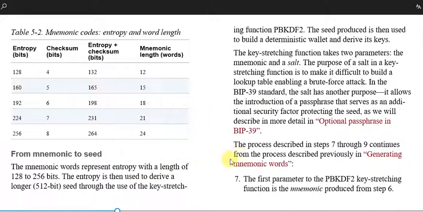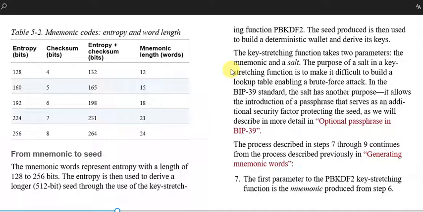The mnemonic words represent entropy with a length of 128 to 256 bits. The entropy is then used to derive a longer, 512-bit, seed through the use of the key stretching function PBKDF2. The seed produced is then used to build a deterministic wallet and derive its keys. The key stretching function takes 2 parameters, the mnemonic and a salt.